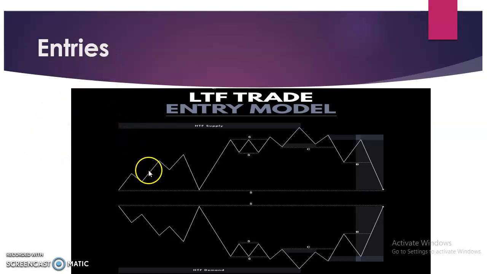Now price is going back up to mitigate that particular zone before it sells off again. When price is pulling back, what will it be doing? Price is going to be in an uptrend, making higher highs and higher lows on its way back up to mitigate that particular zone.